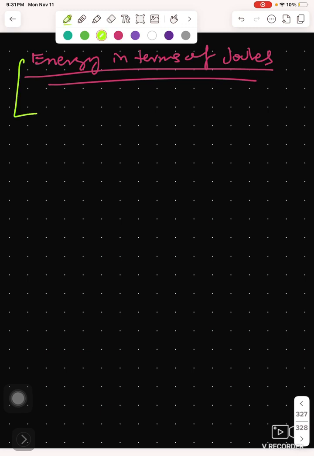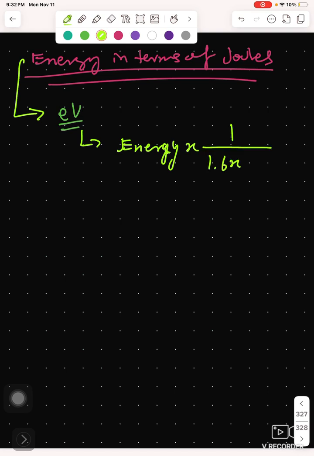We could convert it into electron volts. How? We do energy times 1 over 1.6 times 10 to the power minus 19.